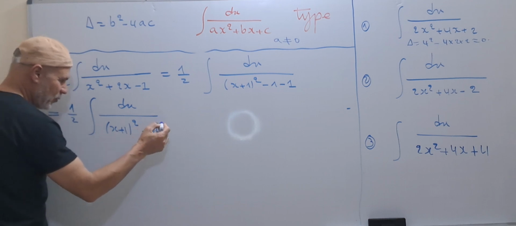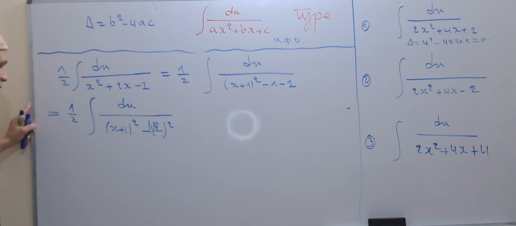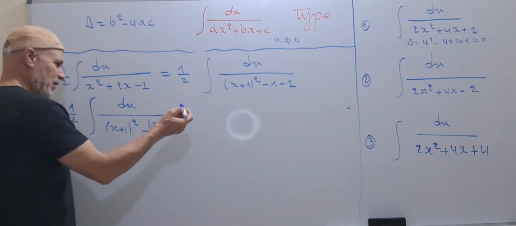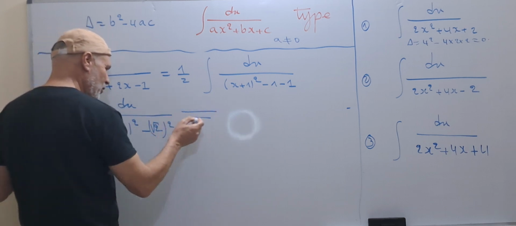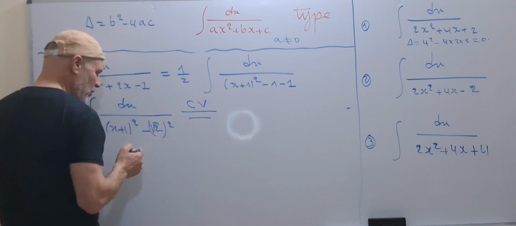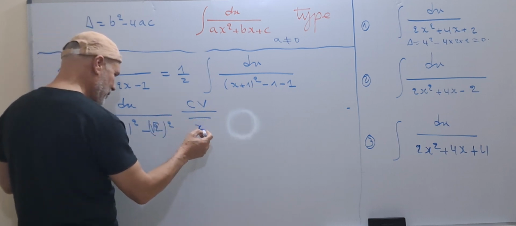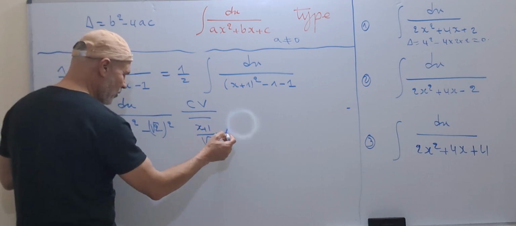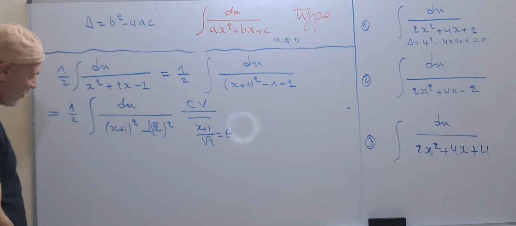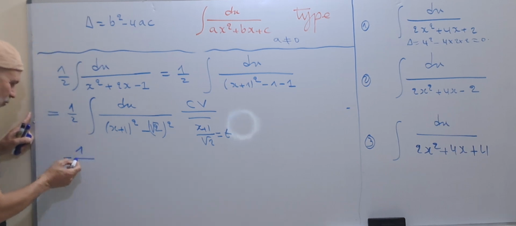And let me do it like this: minus the square root of 2 squared. Here we put a change of variable. The change of variable, we put (x plus 1) over the square root of 2 equal to t. So this is the change of variable. To get what?